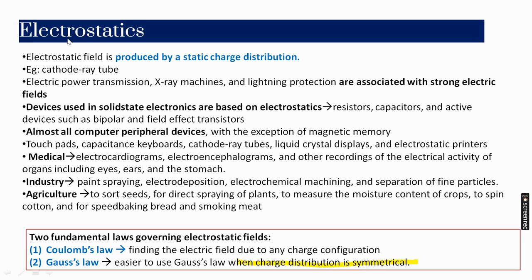So, before moving to Coulomb's law, let us understand how the electrostatic fields are produced. They are produced by charges at rest or static charge distribution.